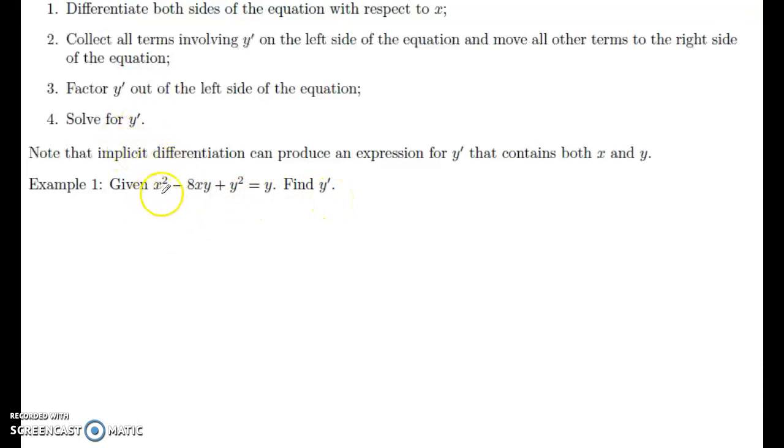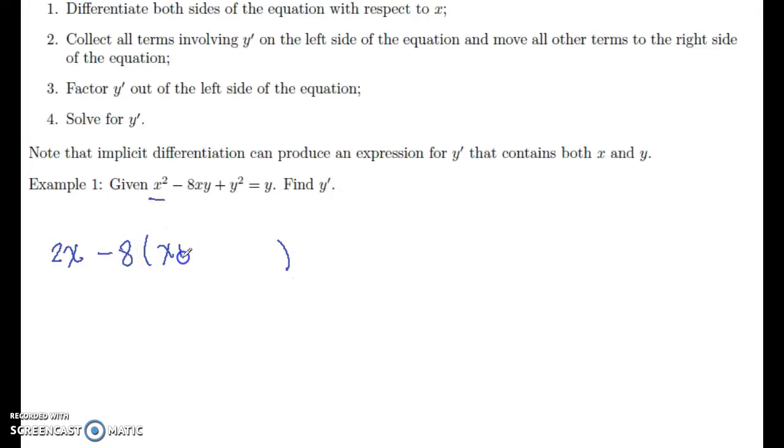So we apply implicit differentiation. The derivative of x squared is just 2x. The derivative of minus 8xy, we need to understand, okay, so copy minus 8. But x times y is a product, so we have to apply the product rule.